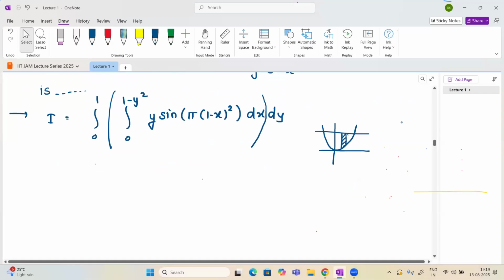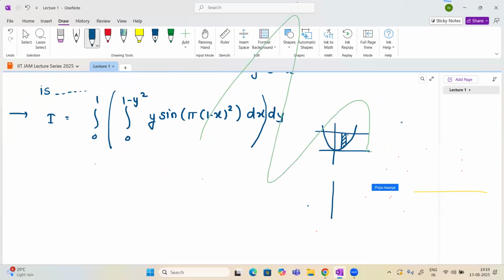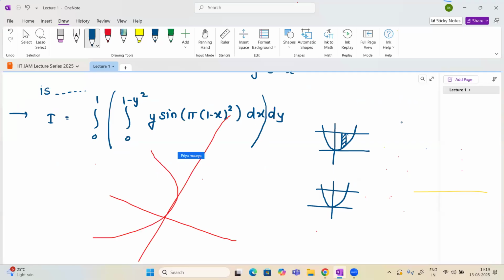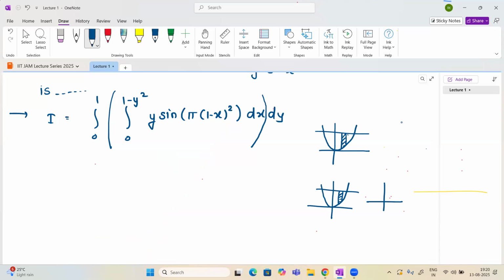Okay. So two options we have. We have to cover this kind of region. Either we can take a strip parallel to the y-axis, or a strip parallel to the x-axis. A strip is either vertical or horizontal.